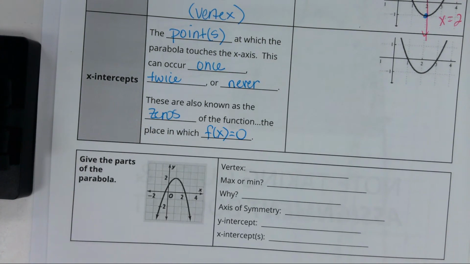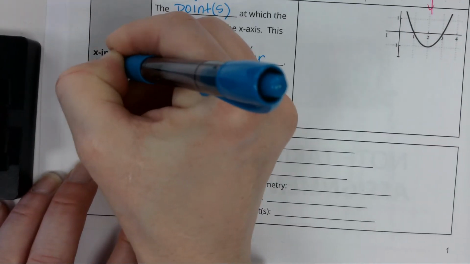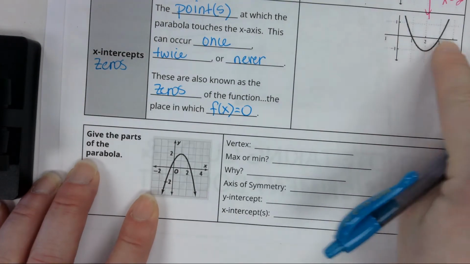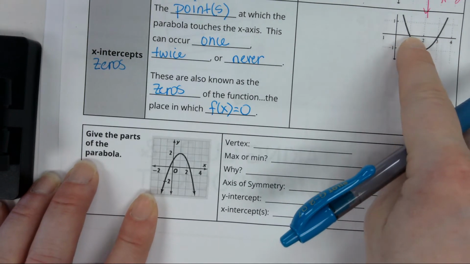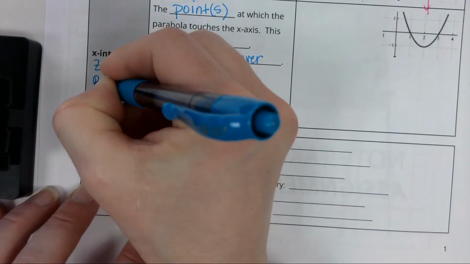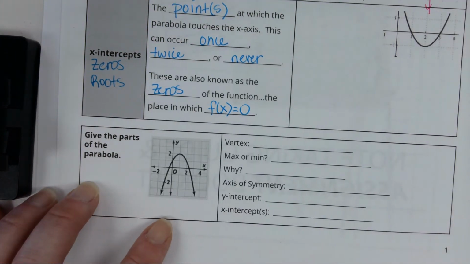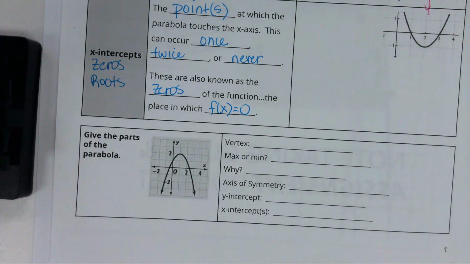Actually, another name for x-intercepts, I'm going to put all 3 names here. Zeros, because it's where it hits the 0 spot, where it hits y equals 0. And then some people call them roots. So write those 2 vocab below. Those are 3 words that mean the same exact thing: x-intercept, zeros, roots.